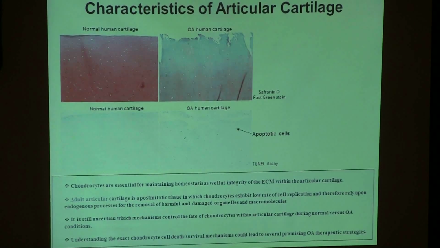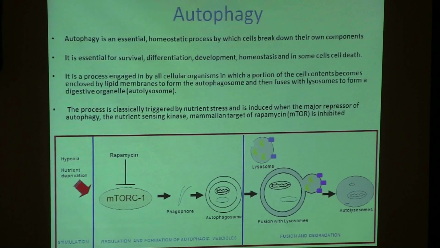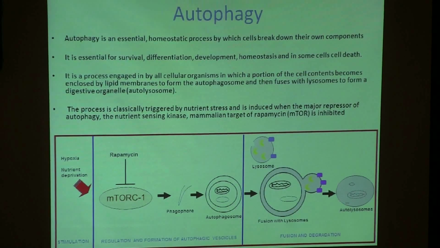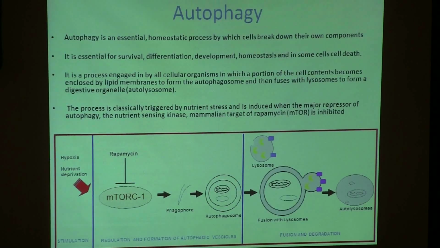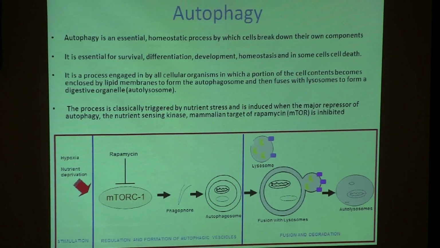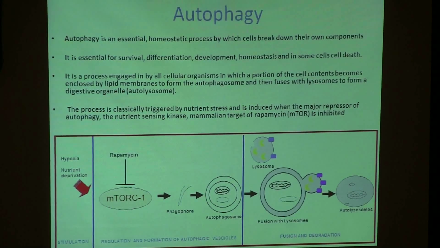Now, in terms of autophagy, this is a complex process which is required for maintaining not only development but also homeostatic processes. In some cells, it can induce cell death. In some cells, it can induce cell survival. But most importantly, it is a cell adaptation process rather than a cell death or cell survival mechanism as it's normally defined.